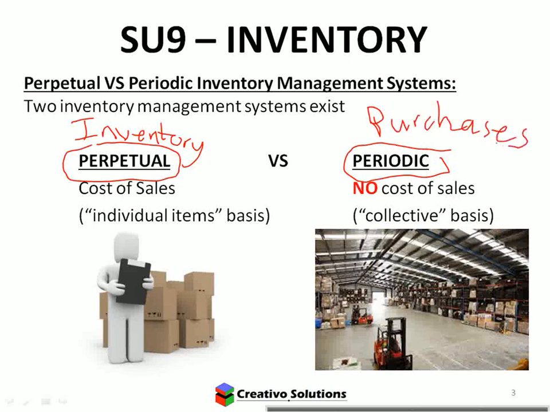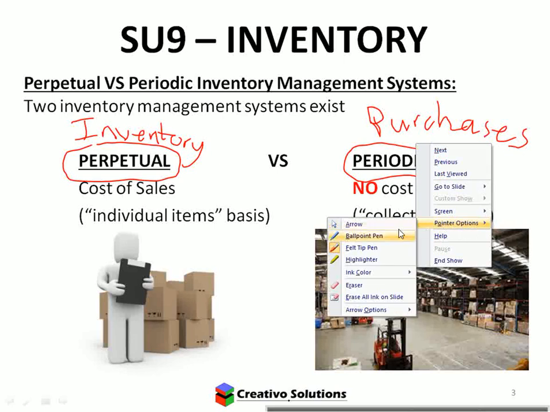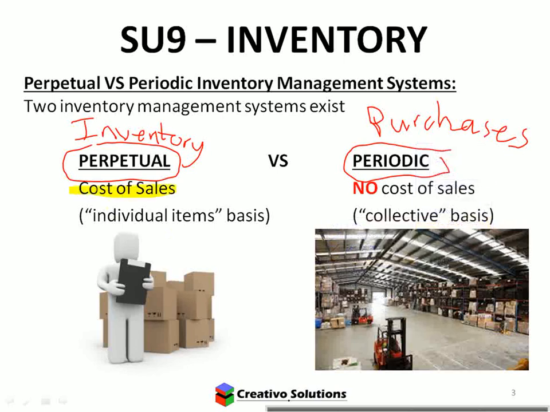Right, so from an exam point of view, are they going to tell you what system is being used? No, they won't. So how will you know what system is being used? You need to look for the vocabulary. You need to scan the question and look for the word inventory or the word purchases, and also look for cost of sales.